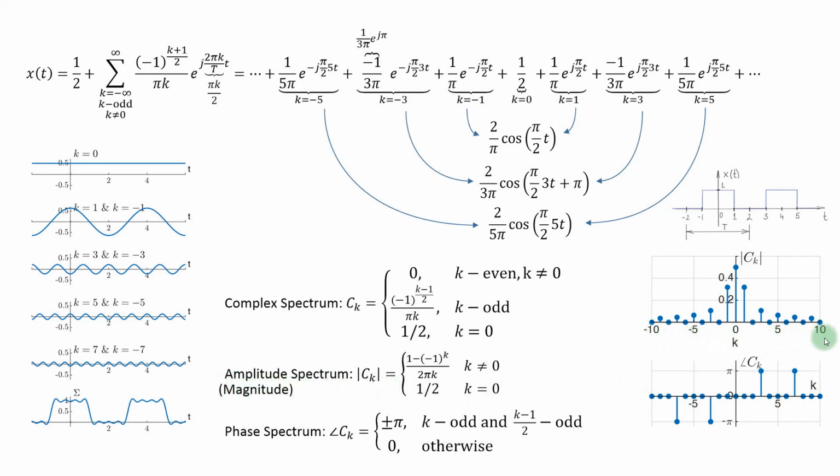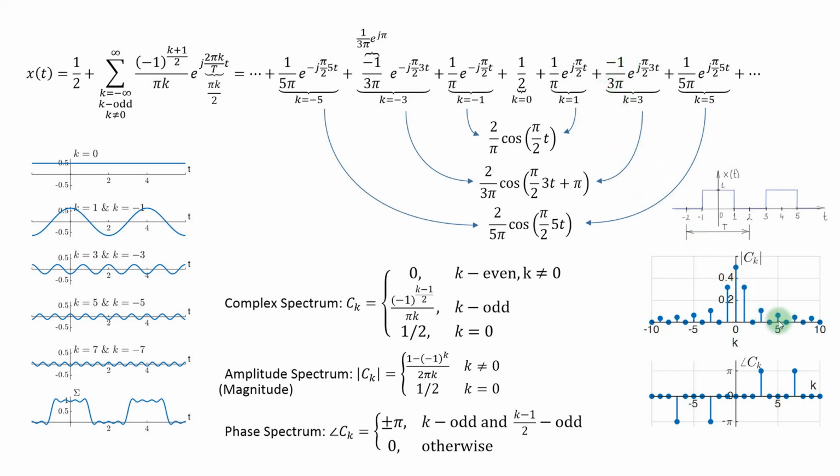Here I have it plotted. For k equal to 0, I have the value of 1/2, which corresponds to this 1/2. For k equal to 1, we will get this value, which corresponds to this 1 over pi. For k equal to 3, we will get this value, and that corresponds to 1 over 3 pi.